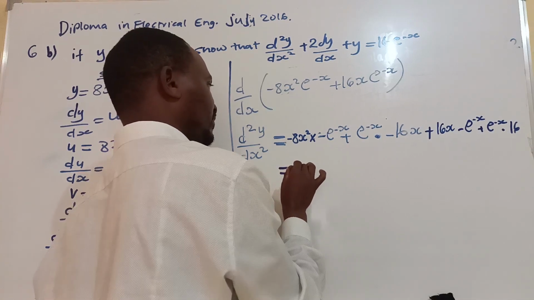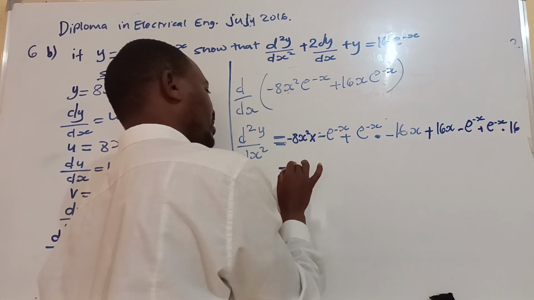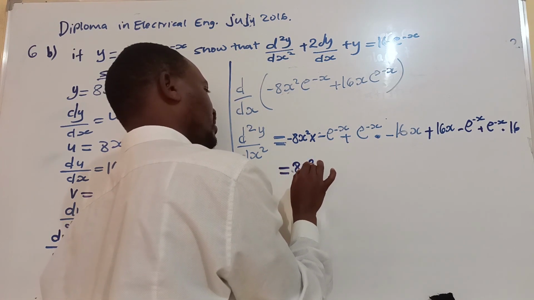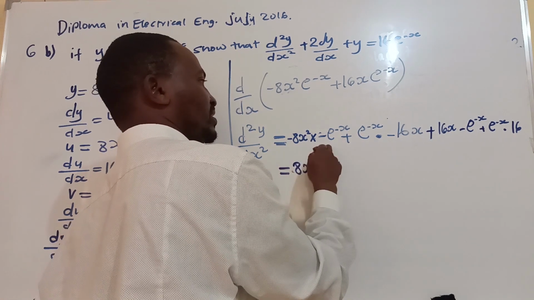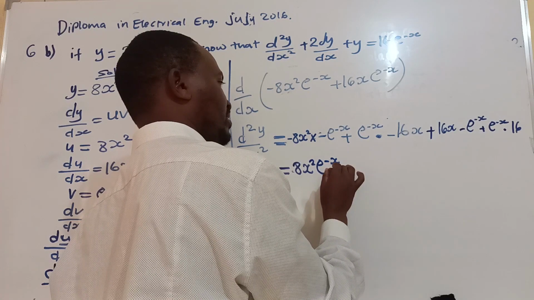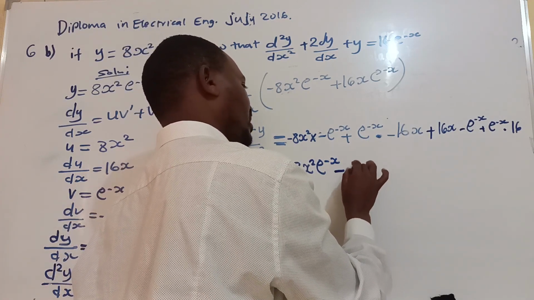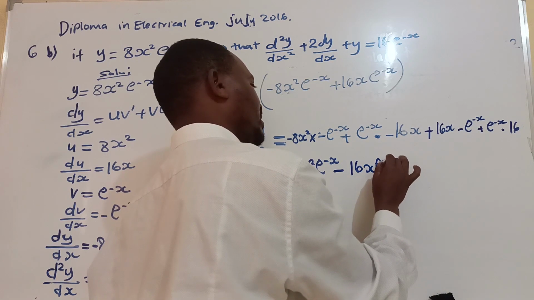So we have negative and negative is a positive, 8x squared exponential negative x, this one, minus, I'll take this negative, 16x exponential negative x.